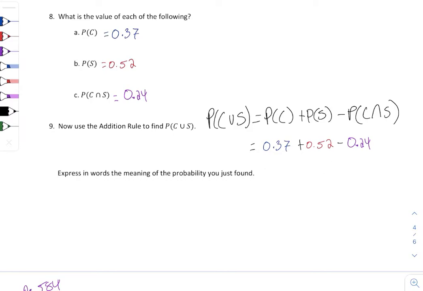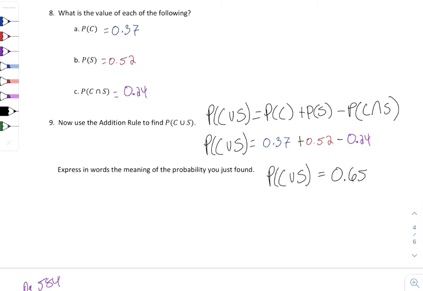So 0.37 plus 0.52 is 0.89, minus 0.24 is 0.65. So the probability of C union S is equal to 0.65.